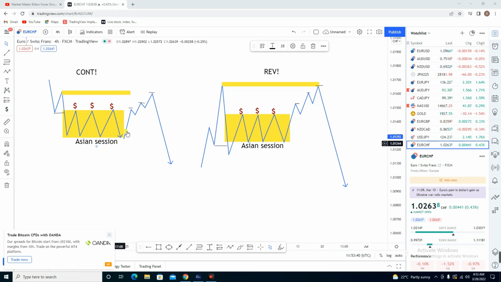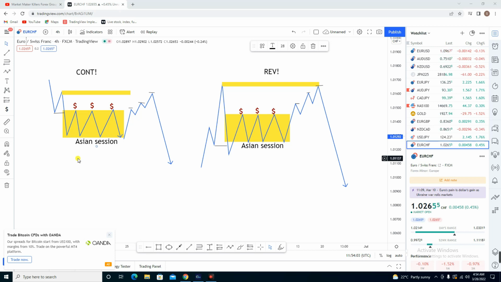This Asian range is usually between 10 to 50 pips. Yes, it can go over that range sometimes, but if you back test, you'll find that this range is usually around the 50 pip range.